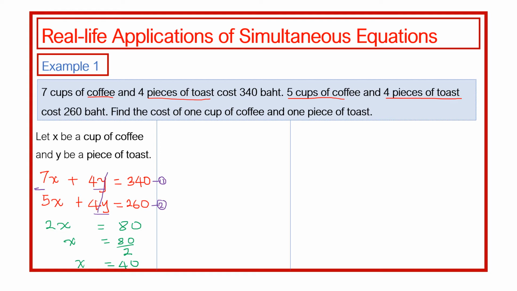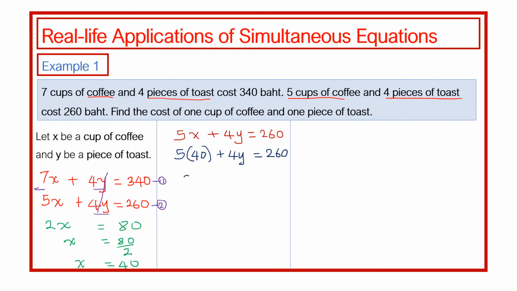Now let us find y. We can find y using equation 1 or equation 2. But let us use equation 2. We have got 5x plus 4y equals 260. And we know that x is 40. So we have 5 times 40 plus 4y equals 260.